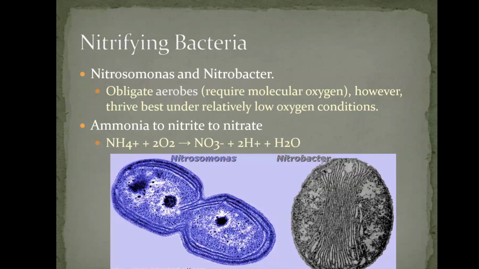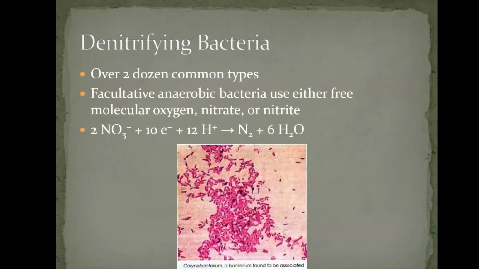Newer textbooks are now identifying that there are many out there, but these are the big culprits and are easy to spot. That's why they're focused on. And there are dozens of denitrifying bacteria that take the nitrate or nitrite made by Nitrosomonas and Nitrobacter or some of their other cousins, and convert it back to free nitrogen.